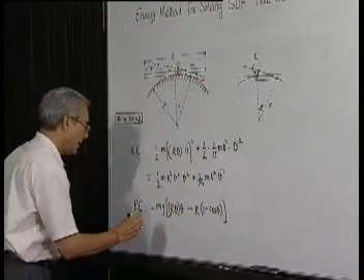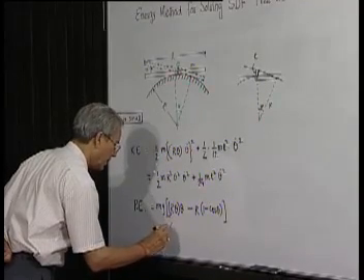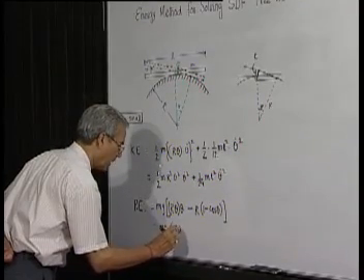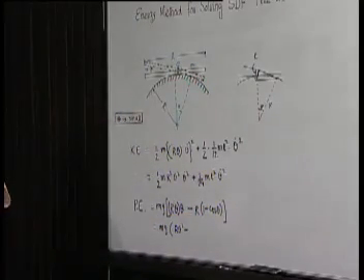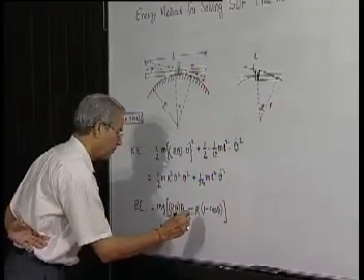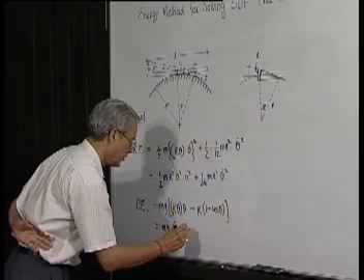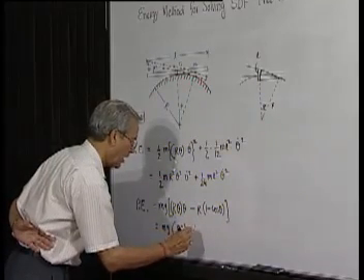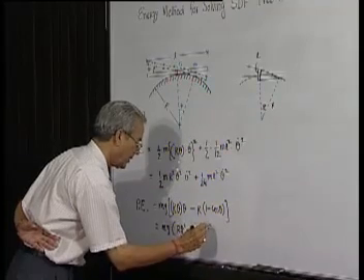We know already that this is equal to m g r theta squared minus r into 1 minus cosine theta. If you expand, it is 1 minus half theta squared. So 1 minus this, it will be minus half r theta squared.